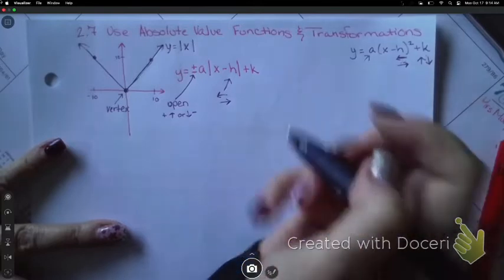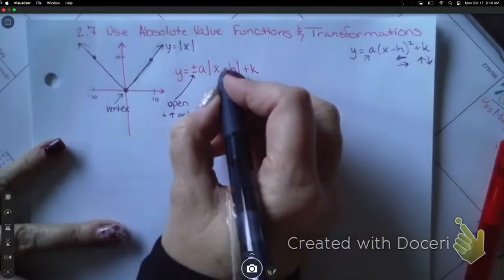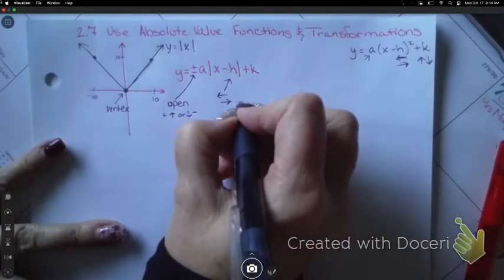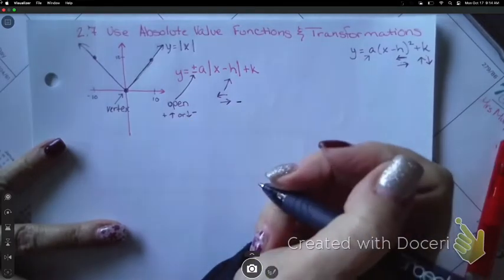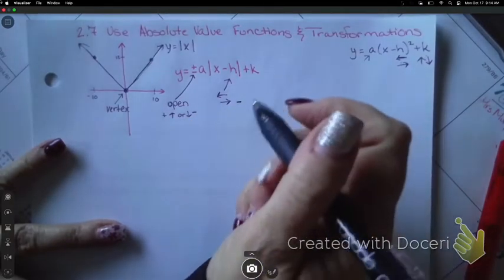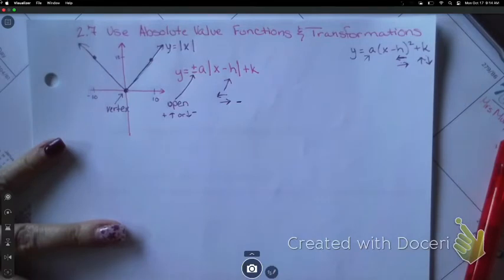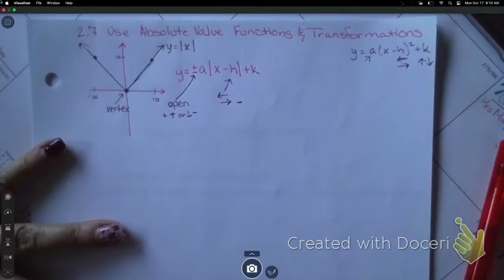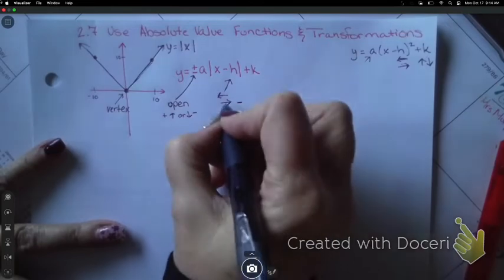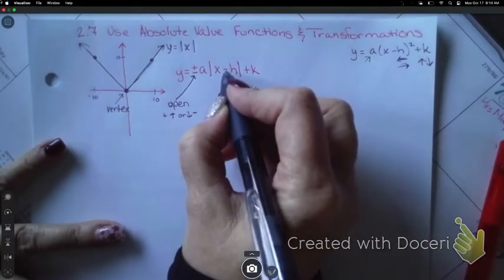So if it's a minus, it goes to the right, because it would be opposite. Because I would put in a positive 3. A negative times a positive is a negative. And if it became positive, that meant the number was a negative. So if I go to the right, h will be negative in there.